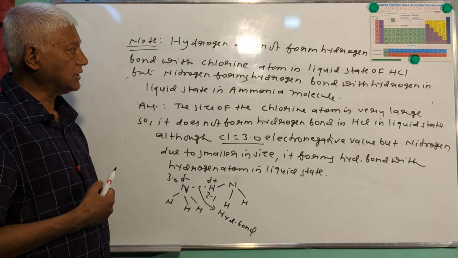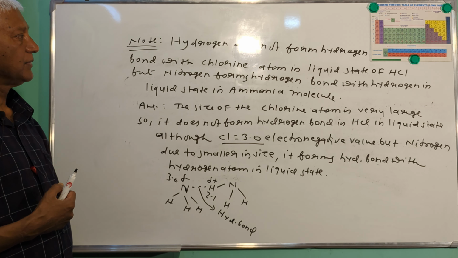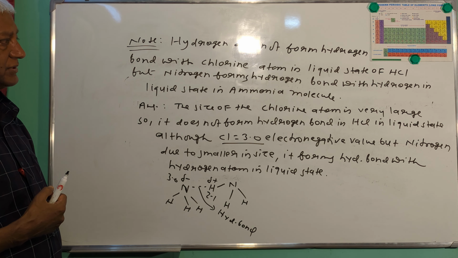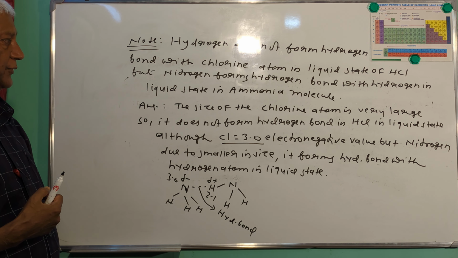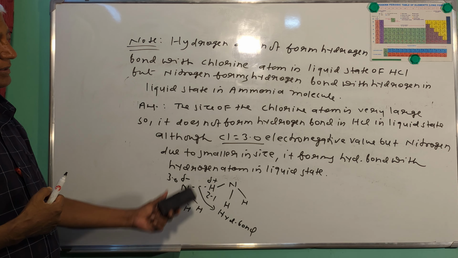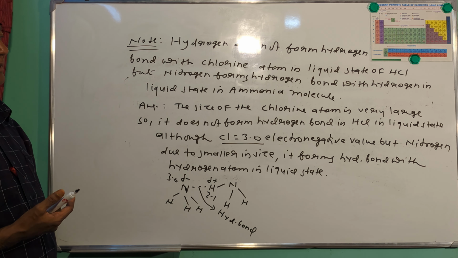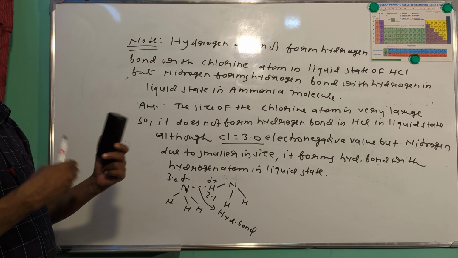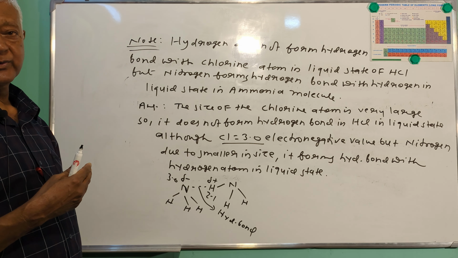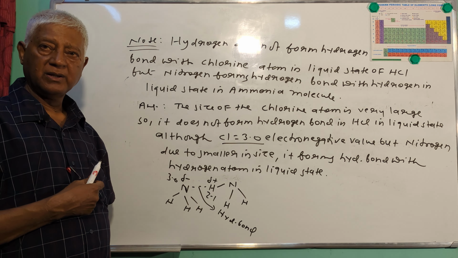So why does hydrogen not form hydrogen bond with the chlorine atom in liquid state of HCl, but nitrogen forms hydrogen bond with hydrogen in liquid state in the ammonia molecule? Why? You are already clear: the size of the chlorine atom is larger, so it does not overlap the electrostatic force of the nitrogen.